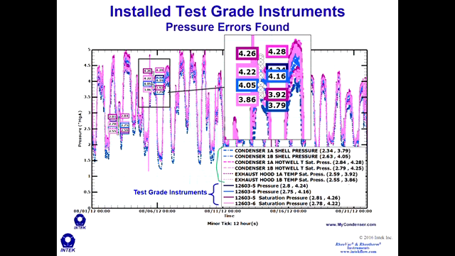You can see here that shell A and shell B have a cross connect between them, so they should be operating at the same pressure, but the station equipment shows them operating at a pressure that's 0.3 different from each other.